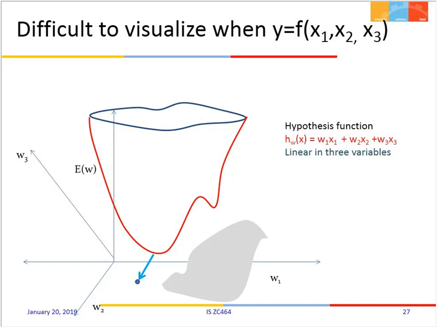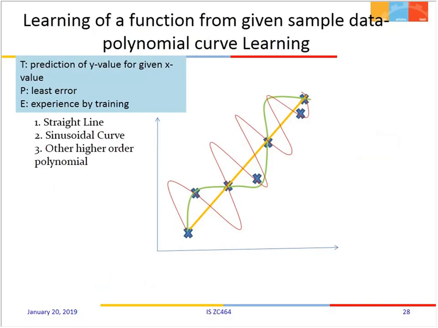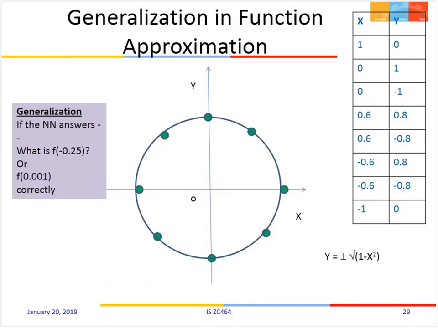So here is another example of polynomial curve learning where there were these points. You could fit a polynomial, or you could fit a straight line, or a higher order polynomial. Here you can see that we have x as univariate data with values 1, 0, 0, 1.